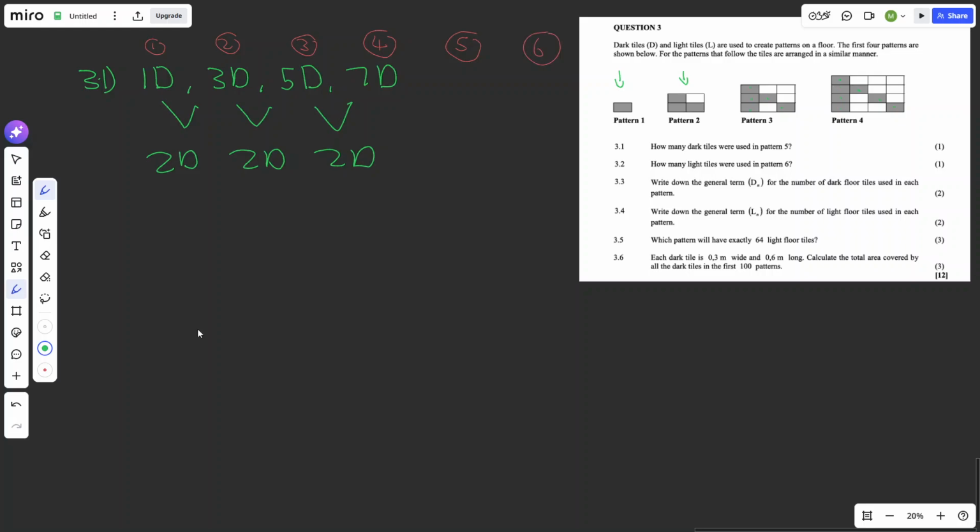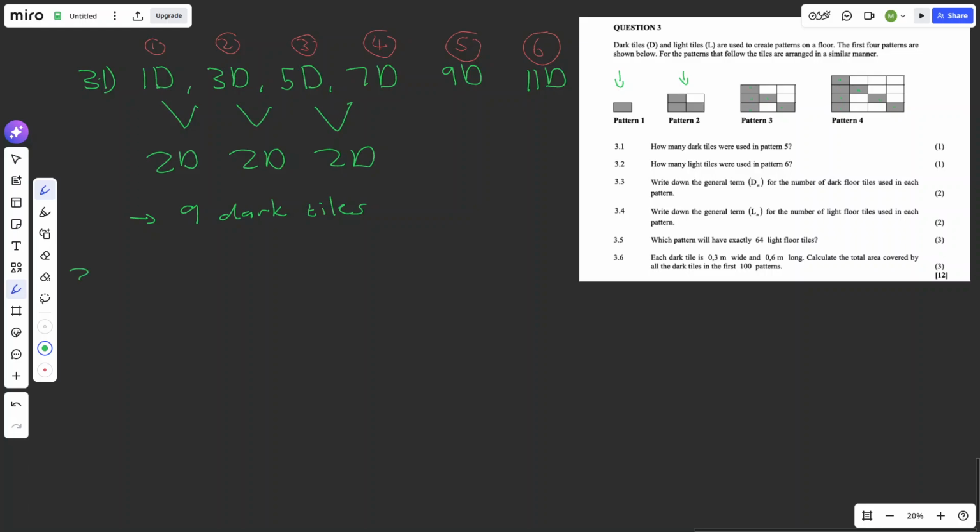For the fifth pattern, we expect there to be 9 dark tiles. We can be certain of this because we are implementing a rule here: for each term in the sequence, we are incrementing it by 2. Now let's go to the next one.